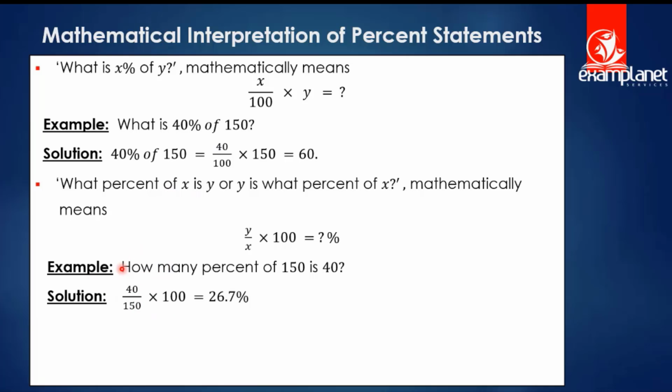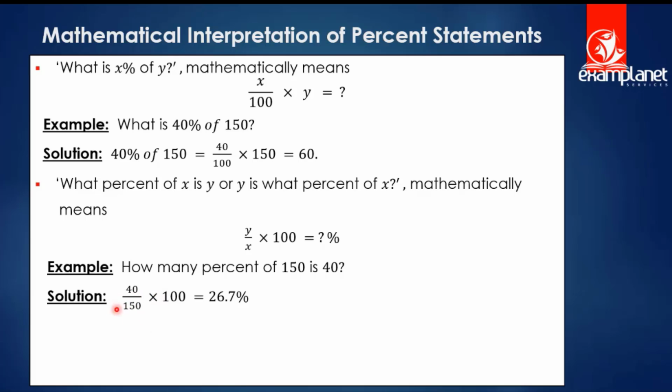For example, how many percent of 150 is 40? Or, what percent of 150 is 40? That means 40 over 150 times 100. So 40 out of 150 is how many percent? That's what I'm simply saying.